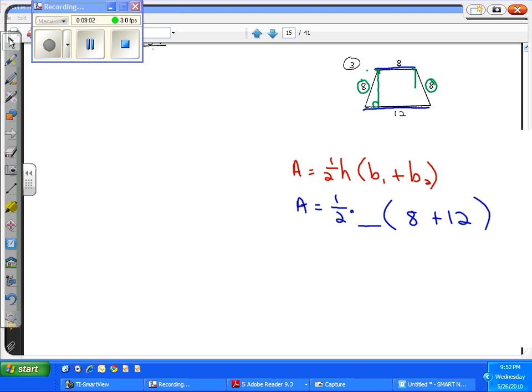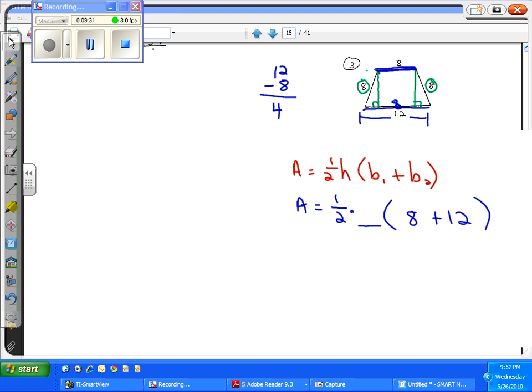Now, there are some special properties of an isosceles trapezoid. So what we're going to do is go ahead and draw both altitudes. When we do, in the middle we have a rectangle. So if the top is 8, then the bottom is 8. The whole thing is 12.